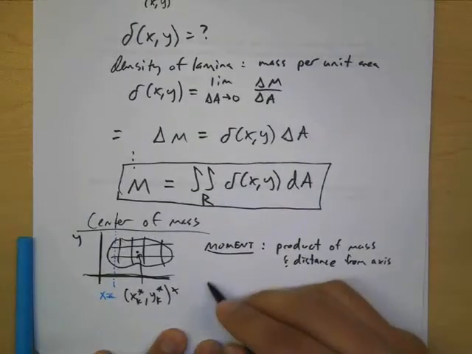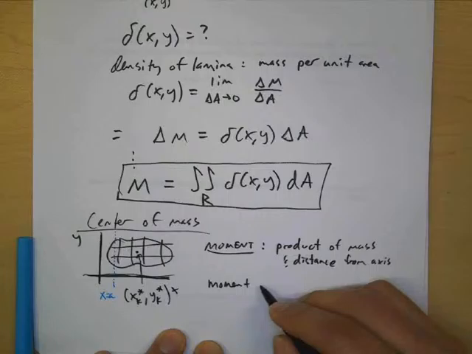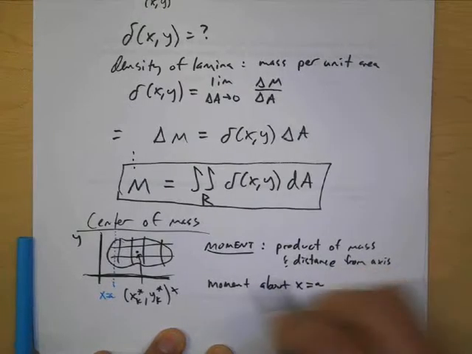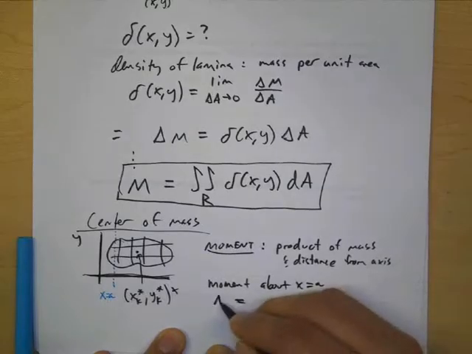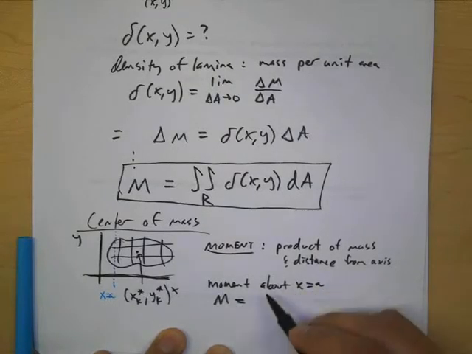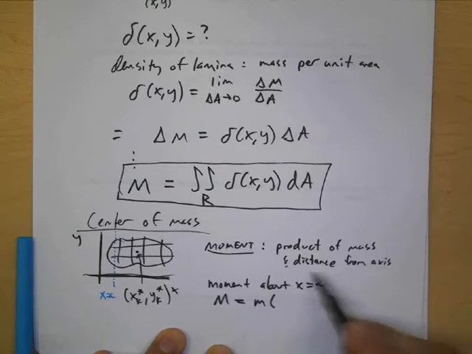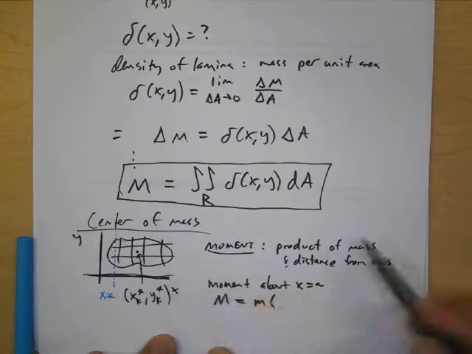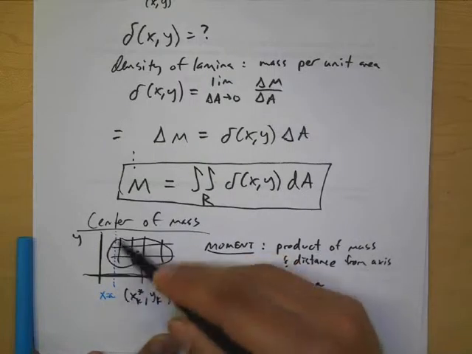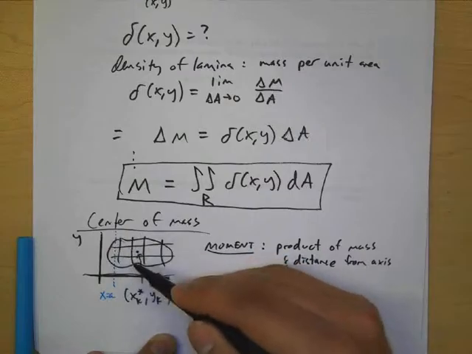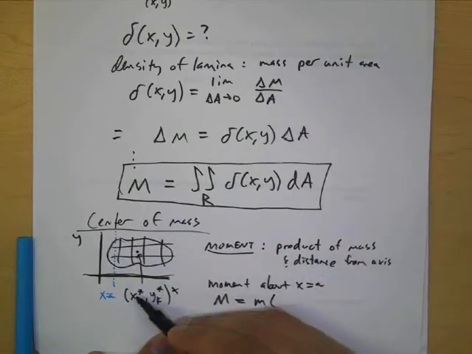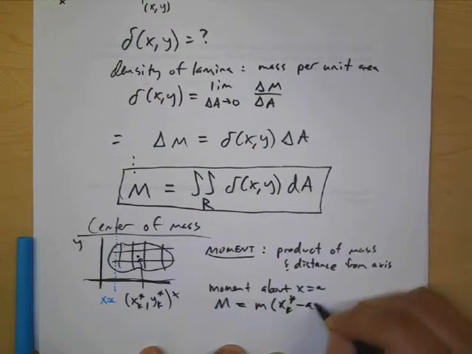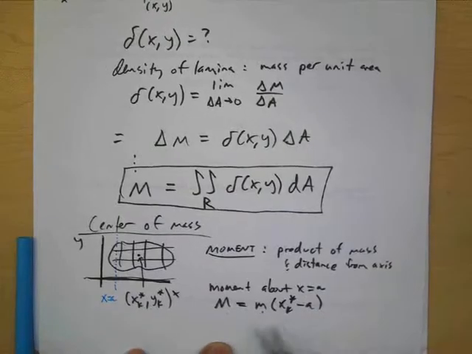Then we would say that the moment, which we're going to call m, about the axis x equals a is going to be mass times distance from the axis. So if this is x equals a, and here we have x sub k star, minus a. Are those m's and d the same? No, this is mass, this is moment.